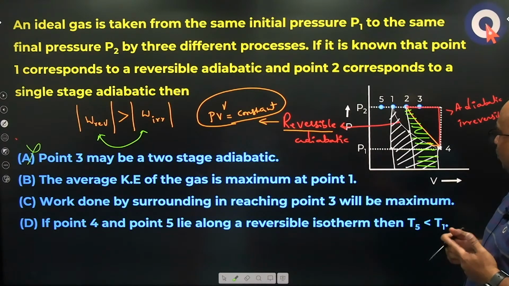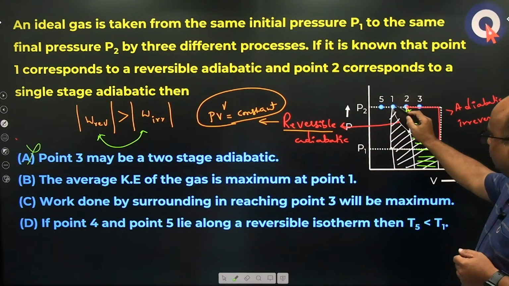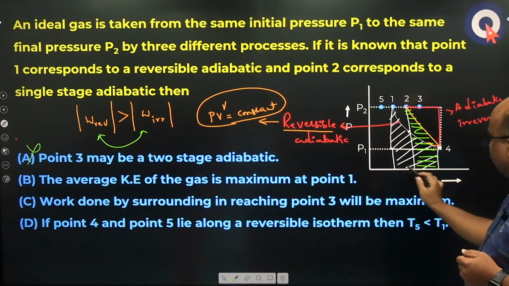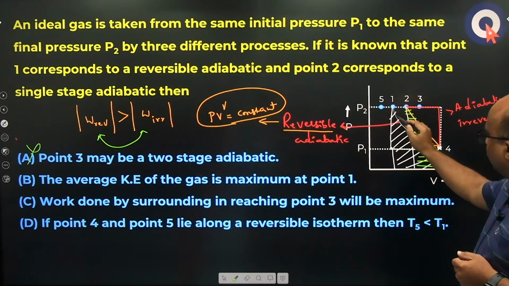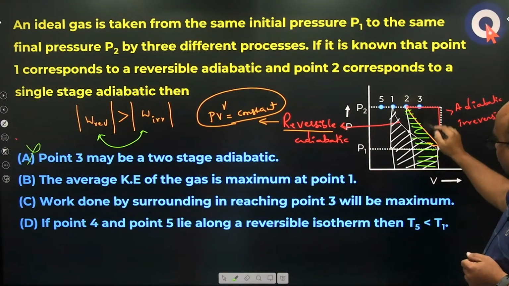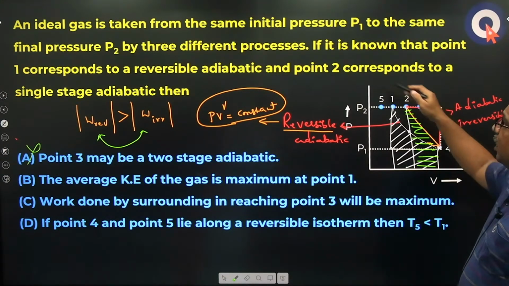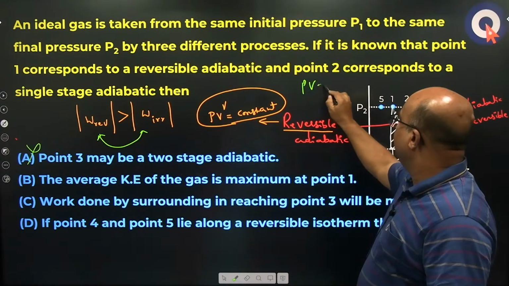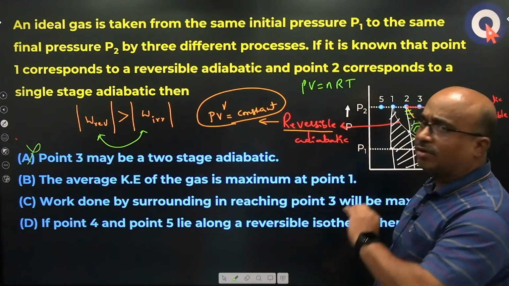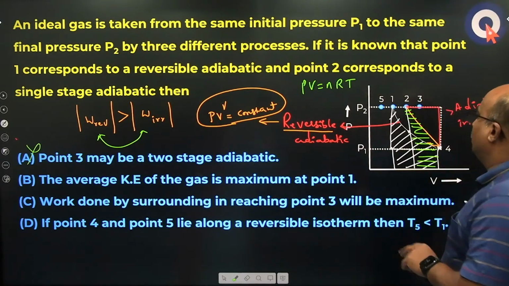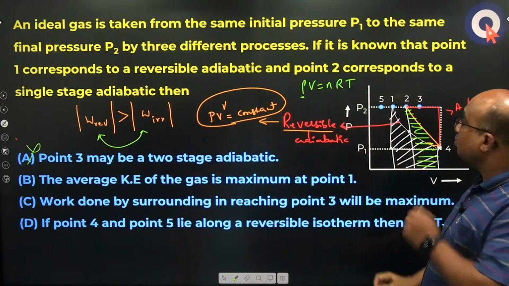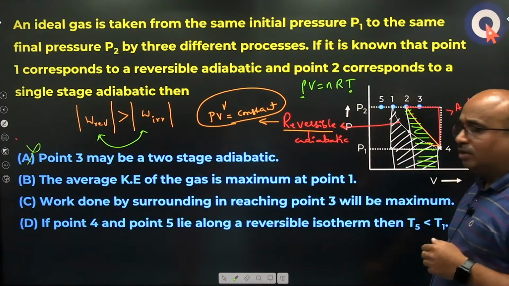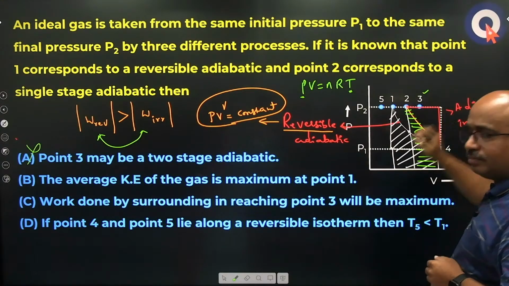So when we consider now, the final pressures are already the same for all of these. These are the volumes that you see: this is one volume, this is another volume. As per the ideal gas equation, PV is equal to nRT for the fixed amount of gas now. When the final pressures are the same, if the volume is more, I can say for that gas the temperature is more. So where may the temperature be more? At 3.